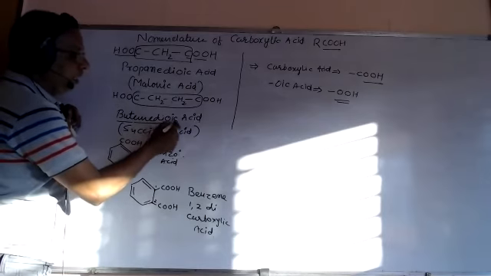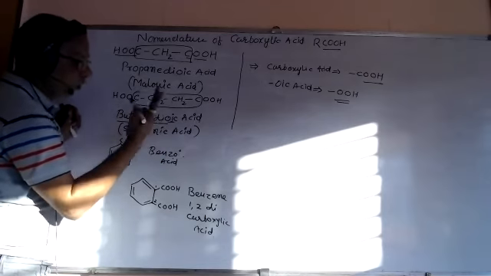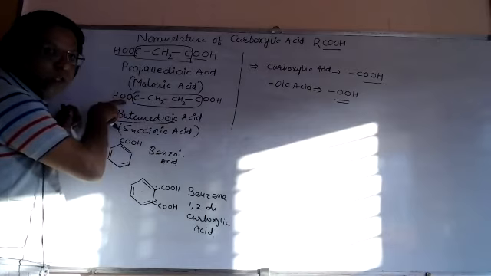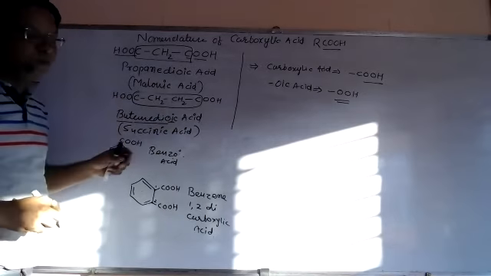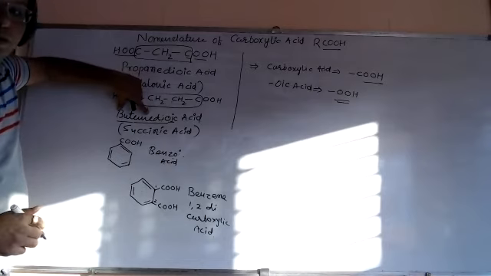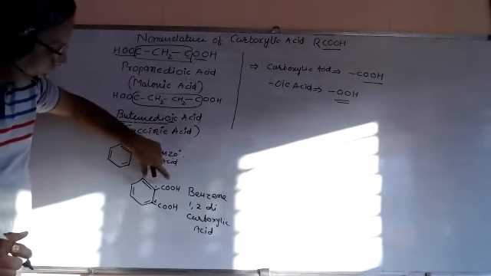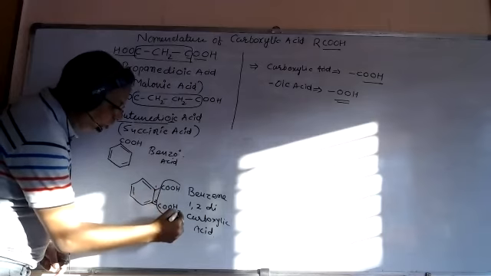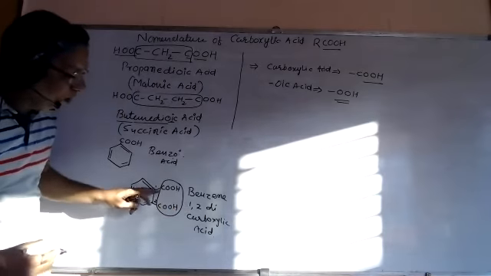And dioic acid. This di means 2 times. Oic means this is COOH. So dioic acid is mentioned here. This carbon is already calculated in the main chain. Here, these two COOH parts are not considered in the name.